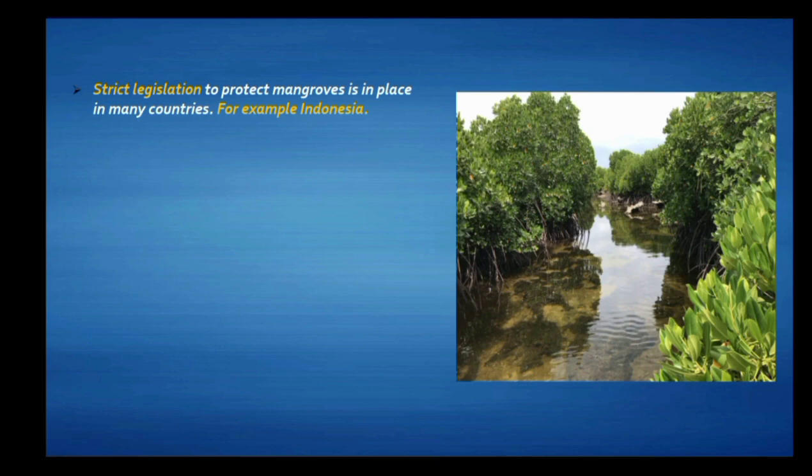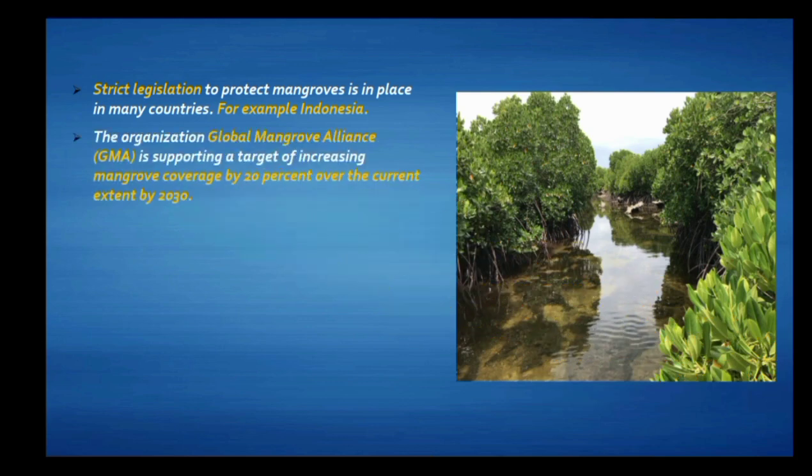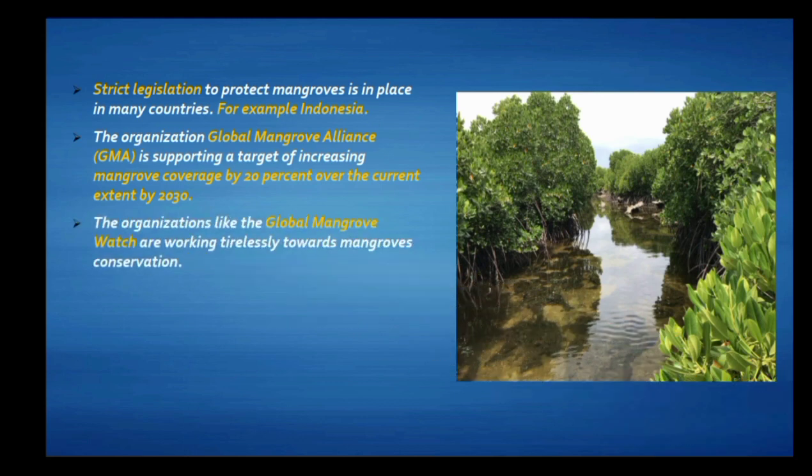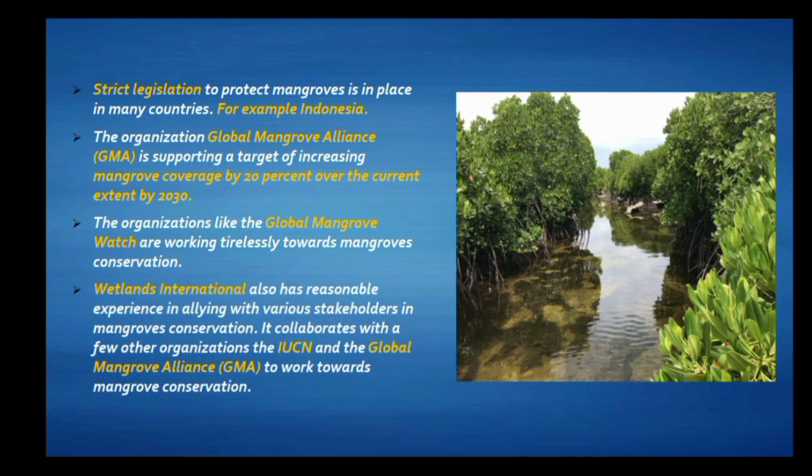Strict legislation to protect mangroves is in place in many countries, for example, Indonesia. The organization Global Mangrove Alliance, that is GMA, is supporting a target of increasing mangrove coverage by 20% over the current extent by 2030. Organizations like the Global Mangrove Watch are working tirelessly towards mangrove conservation.